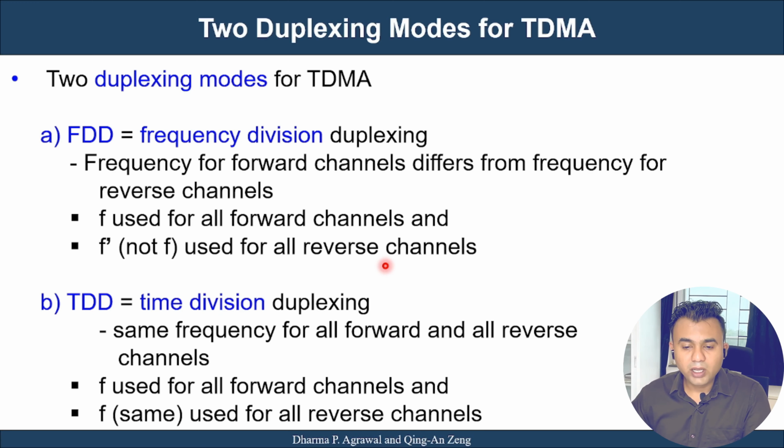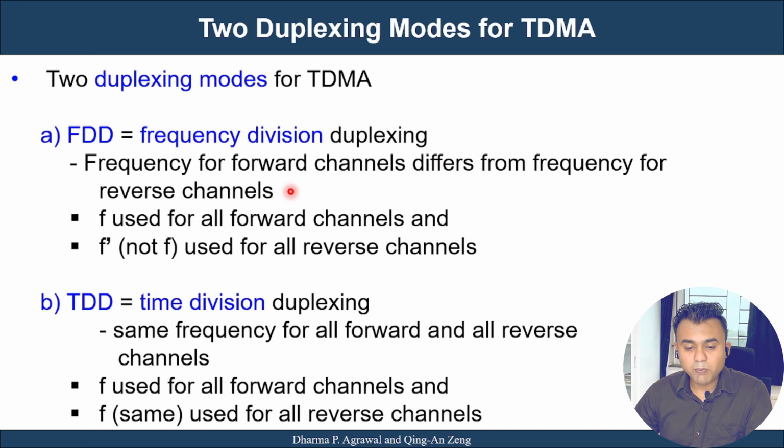Now, moving forward, two duplexing modes are available for TDMA. One is called FDD, which is frequency division duplexing, and one is called TDD, which is time division duplexing.